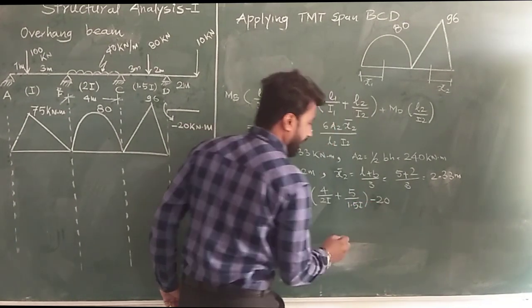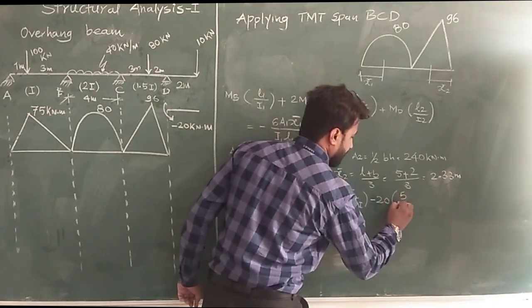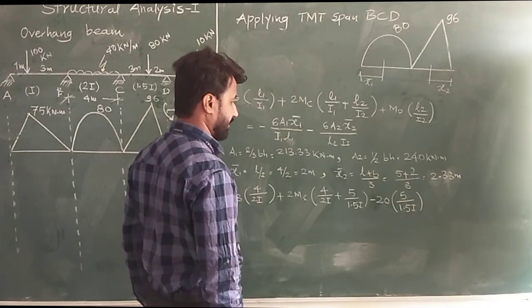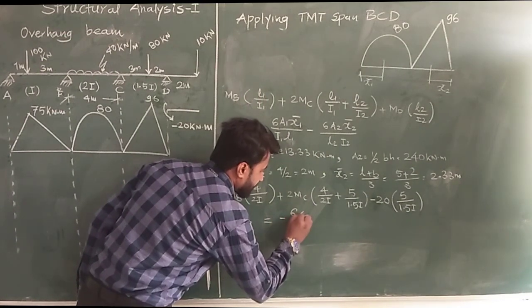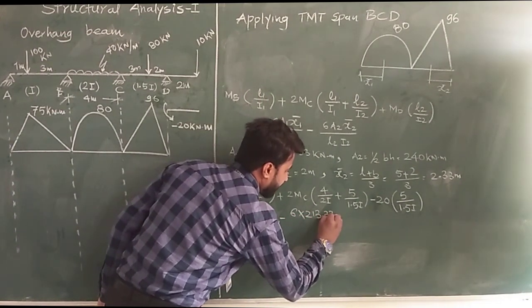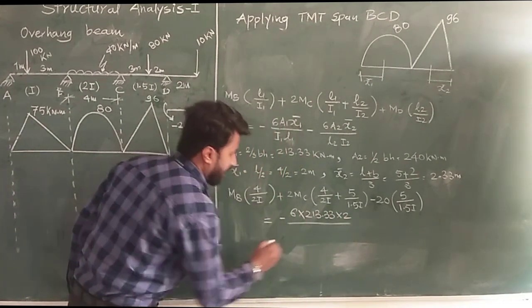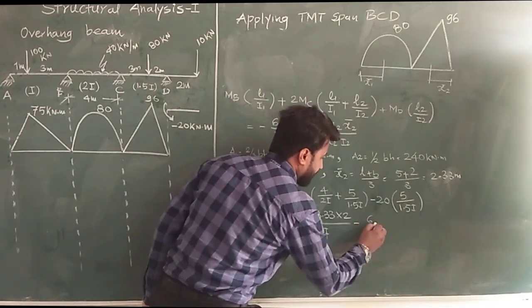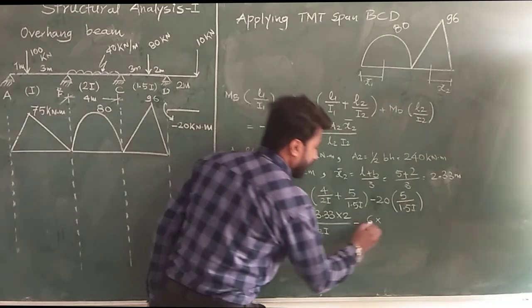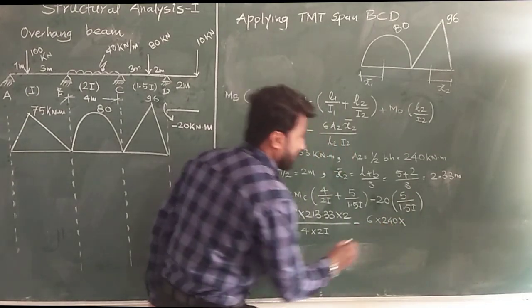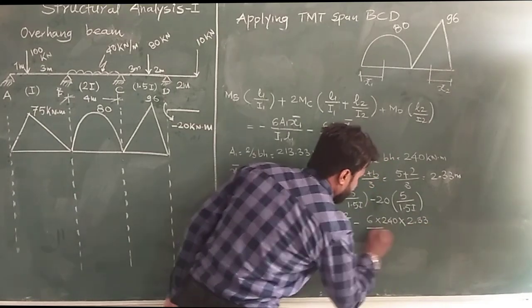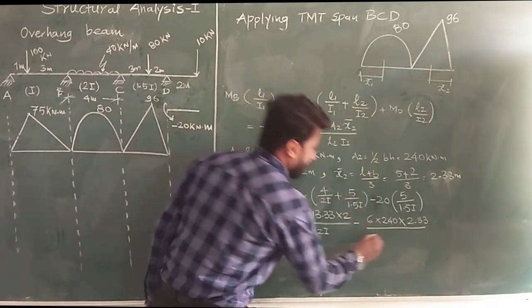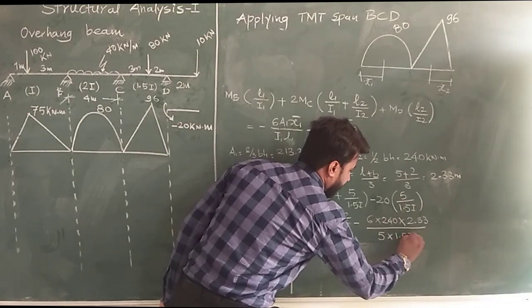So this is minus 20 into 5 divided by 1.5I is equal to minus 6 into A1, which is 213.33, into 2 divided by L1, which is 4, divided by 2I, minus 6 into A2, which is 240, into 2.33 divided by 5 into 1.5I.